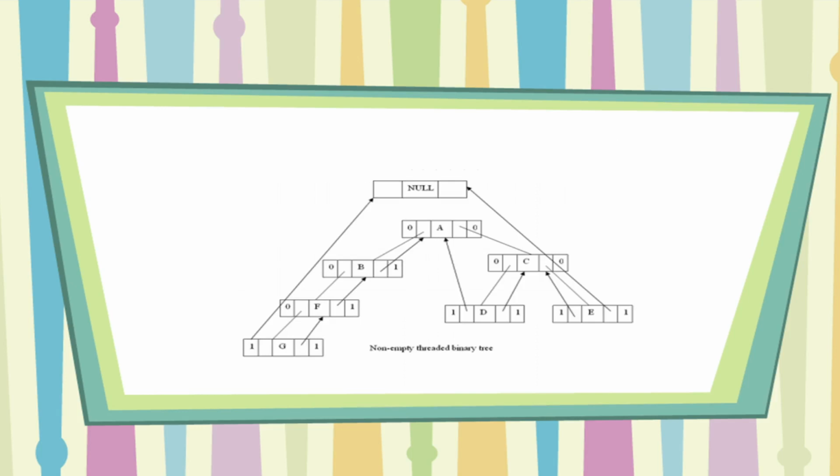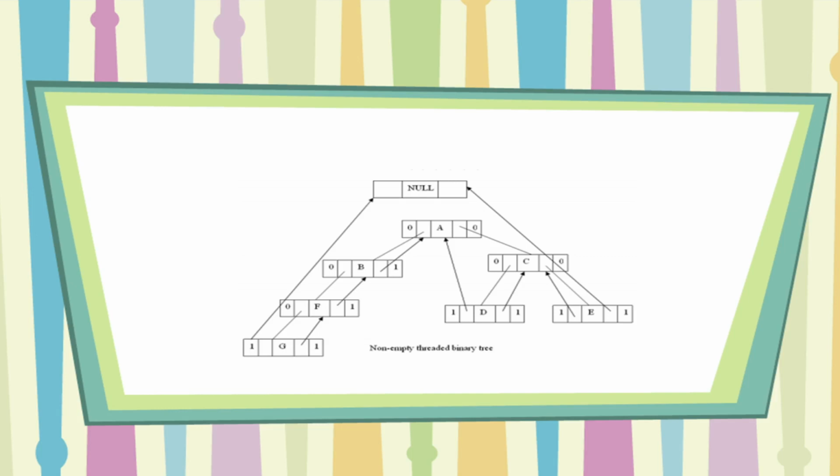This is a similar structure for a non-empty threaded binary tree, with the 5 fields we have seen in the previous slide: left thread, left child, data, right thread, right child. The left child of A is B, so we point B as the left child.